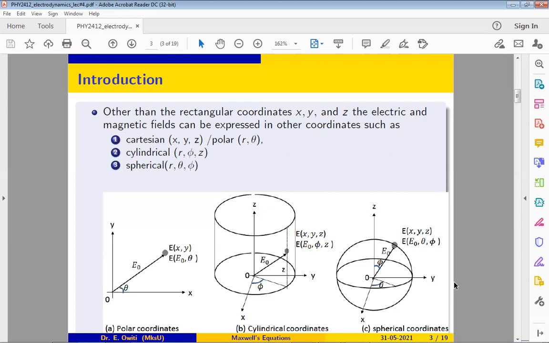Now, then we have the cylindrical coordinate system, which uses 3 variables: the position vector r, then the angle phi, you can look at the figures there, and then the coordinate z. The spherical coordinate system uses 3 coordinates, that is r, theta, and phi.